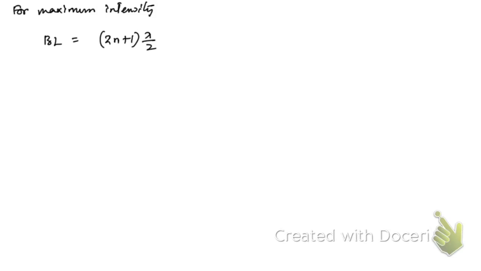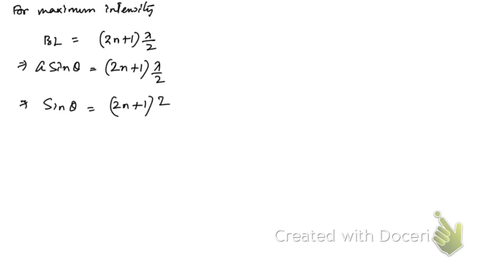I have already explained why, right? And this BL is nothing but a sine theta, so (2n plus 1) lambda by 2, and from here we're going to get sine theta is equal to (2n plus 1) into lambda by 2a. That's what we have got. So hope you have understood this.